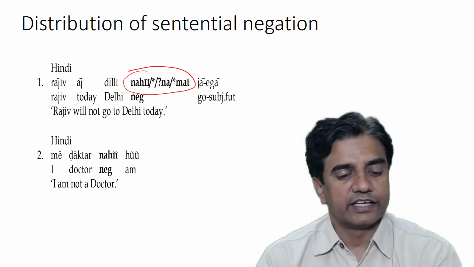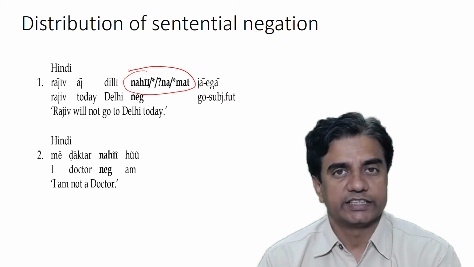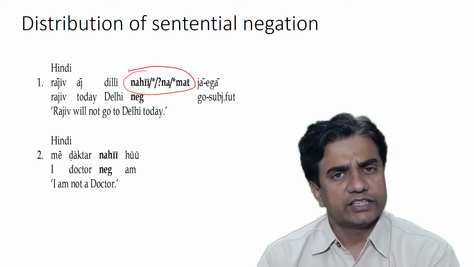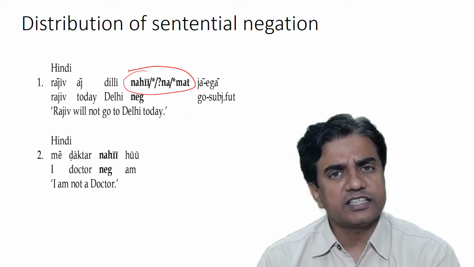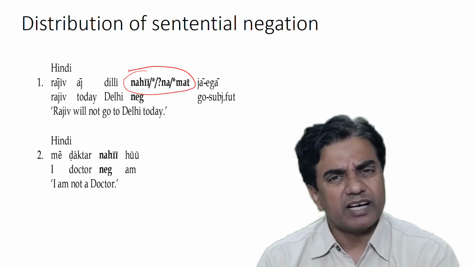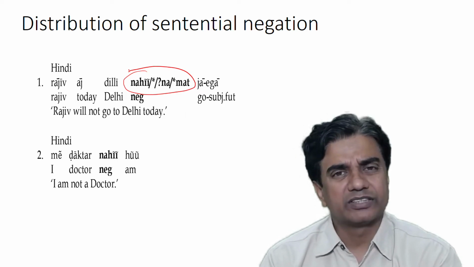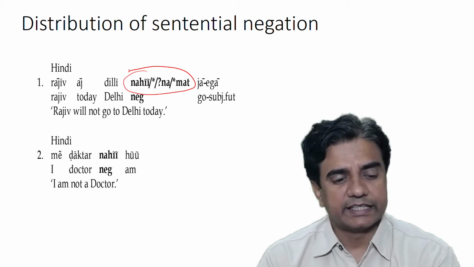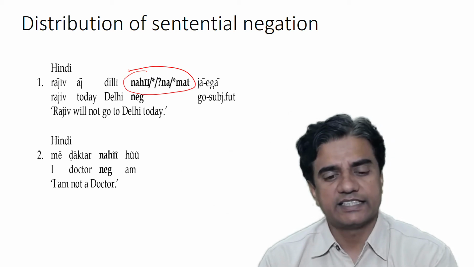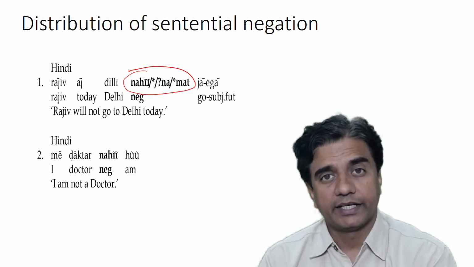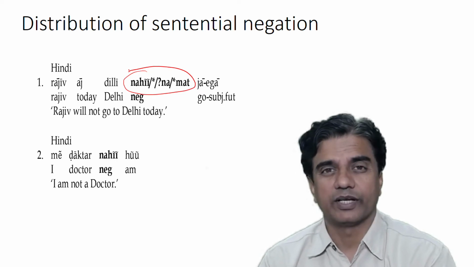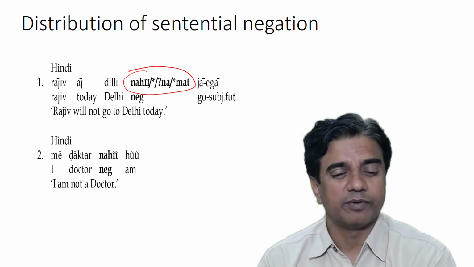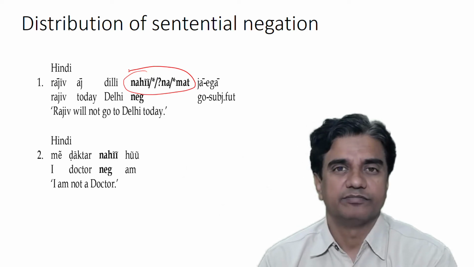That is, Rajiv will not go to Delhi today. It is marginally okay, that is marginally grammatical, but not acceptable to a great length when we say Rajiv aaj Delhi na jayega. And it is not acceptable at all when we say Rajiv aaj Delhi mat jayega.